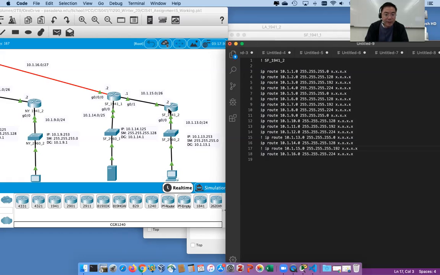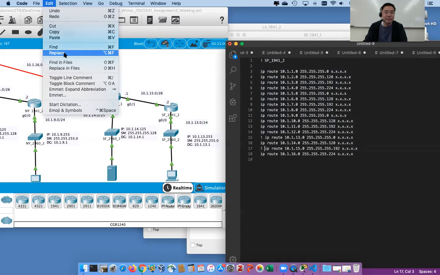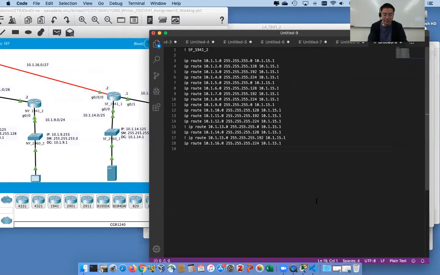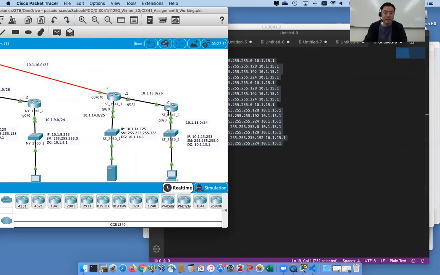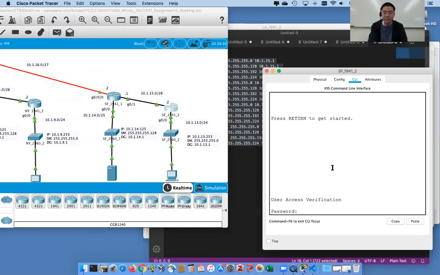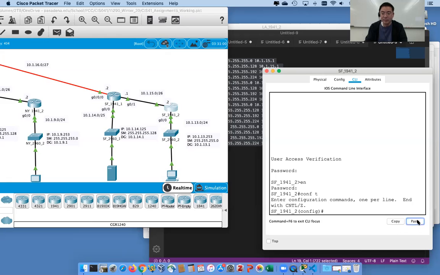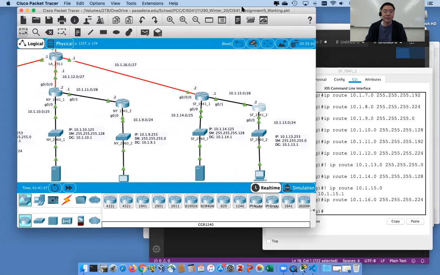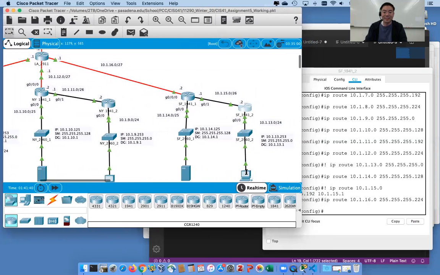Okay, and everything is going to be going out 10.1.15.1. Okay, now let's test everything.